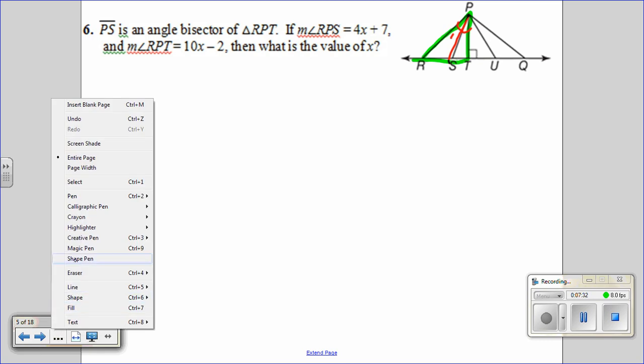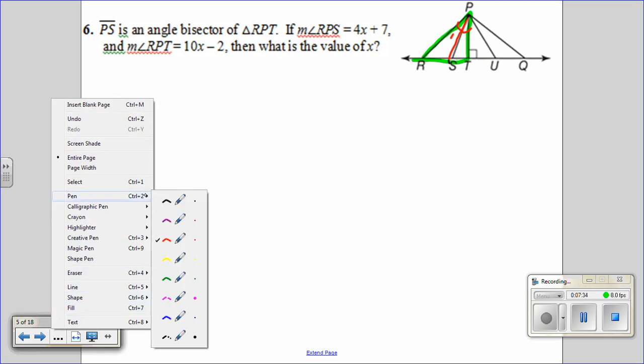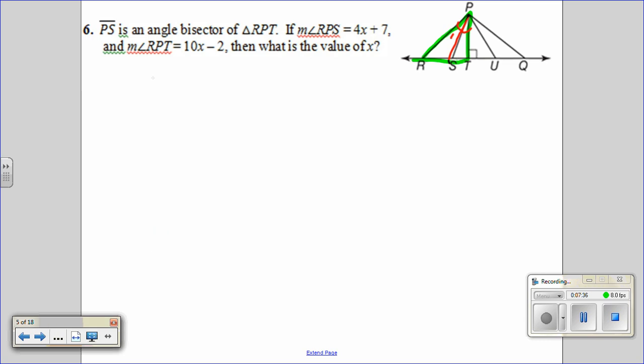So this is similar to when we did segment addition, where we said part plus part equals whole. In other words, little angle plus little angle equals big angle. Same idea.